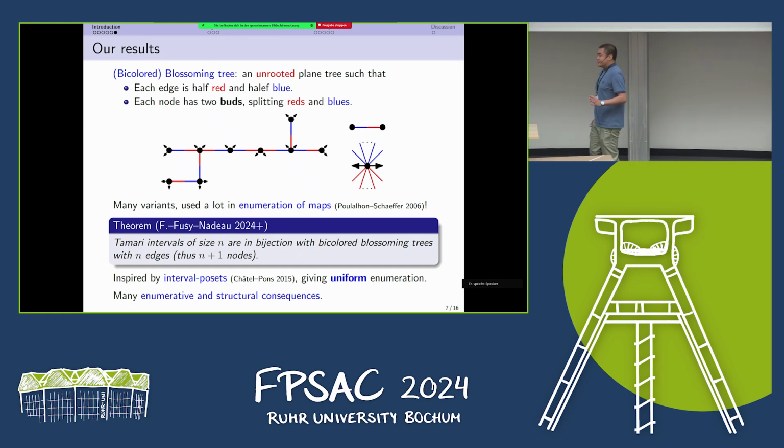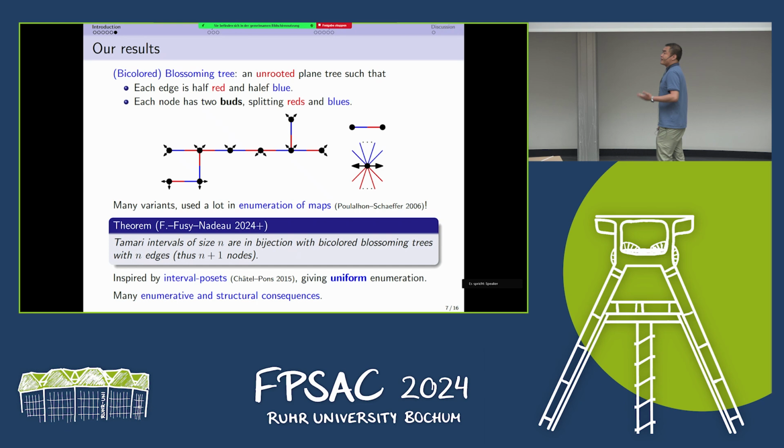We didn't invent it. It was invented by Bousquet-Mélou and Schaeffer in 2006 in the context of bijections and encodings of triangulations. Afterwards, many variants were proposed, and they were used a lot in the enumeration of maps. Now our contribution is that we found that Tamari intervals of size n are also in bijection with these bicolor blossoming trees with n edges, so n+1 nodes.